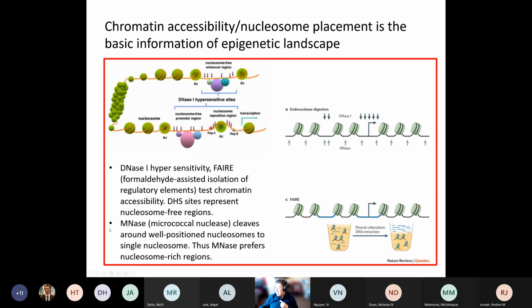And the third method I have on this slide is called micrococcal nuclease cleavage. So micrococcal nuclease works differently from the first two methods I introduced. This is another enzyme, but this enzyme prefers to cut well-positioned nucleosomes. They like to see nucleosomes somehow. That's just the enzyme, it always likes to see a structure. The enzyme just works this way.